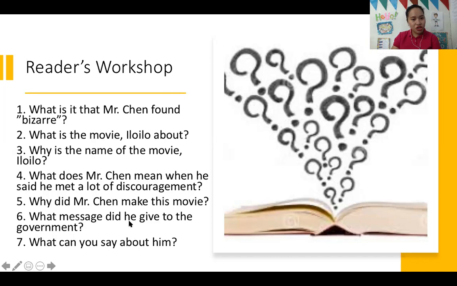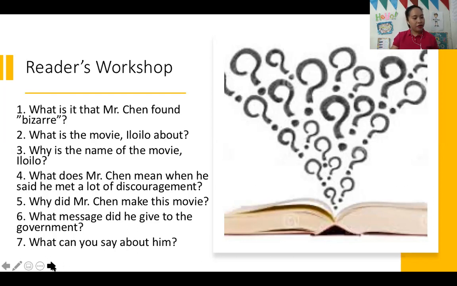Number six, what message did he give to the government? Now, this is broader, to the government itself. You'll find out why the government is involved. Number seven, what can you say about him? We are referring to the director of this movie, Anthony Chen.